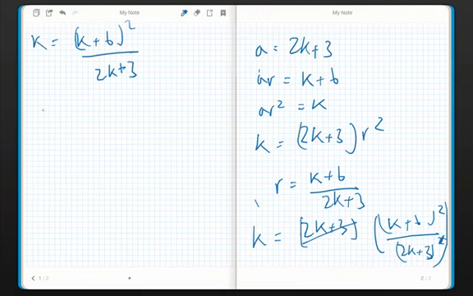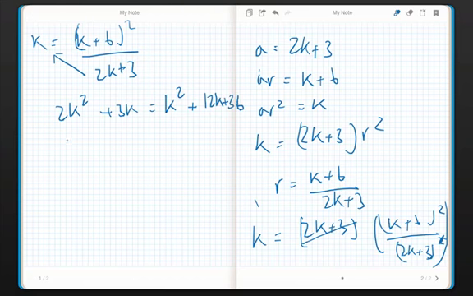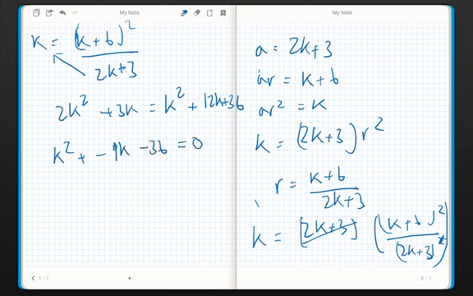Now cross multiplying, 2k squared plus 3k is equal to k squared, expanding this, k squared plus 12k plus 36. So we know that k squared plus 3 minus 12k, 3 minus 12k is minus 9k, minus 36 is equal to 0.